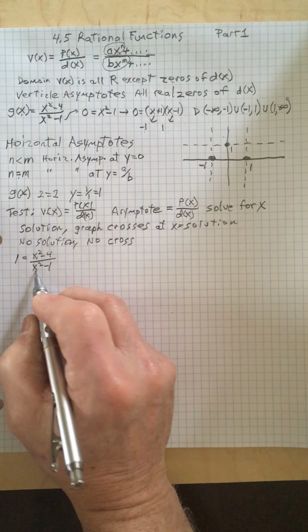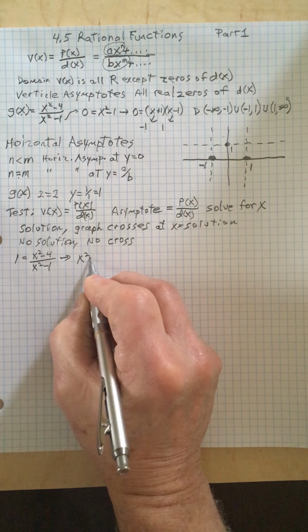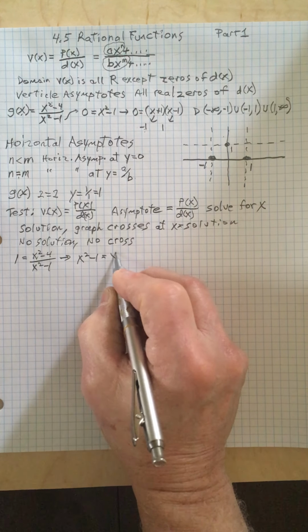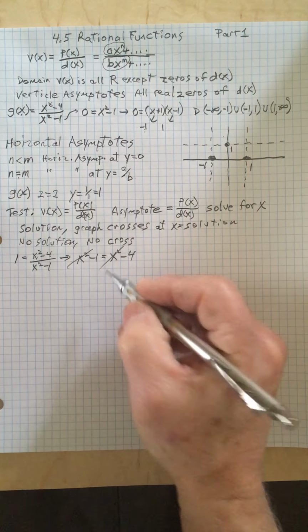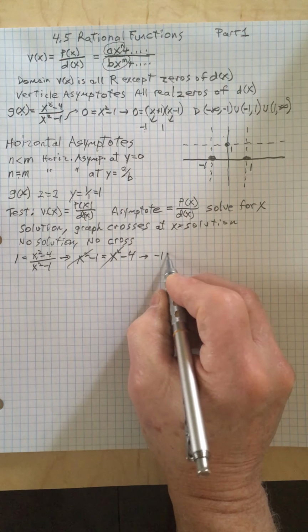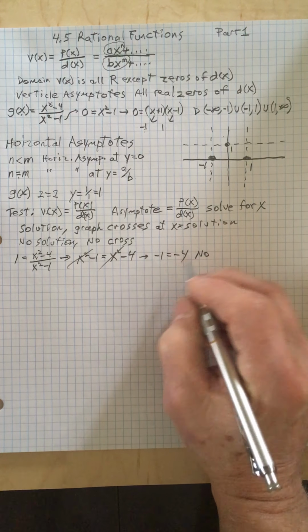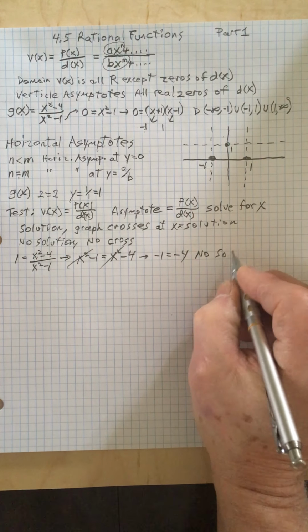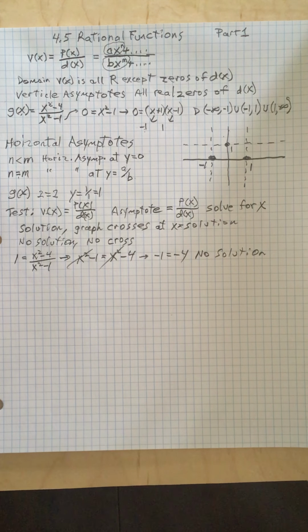So multiply both sides by this guy. And then we can subtract x squared from both sides, but look what's left here. -1 equals -4. That's no solution. That can never be true. So that means our graph, wherever it is, cannot cross the horizontal asymptote.